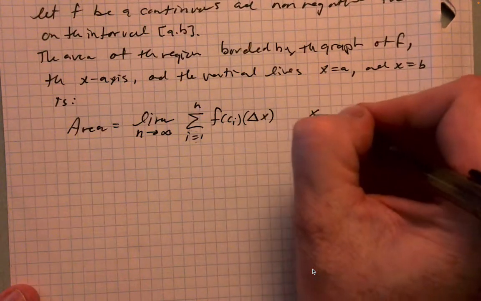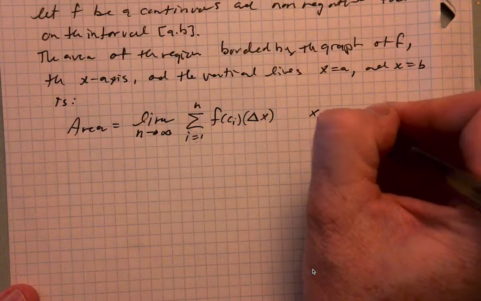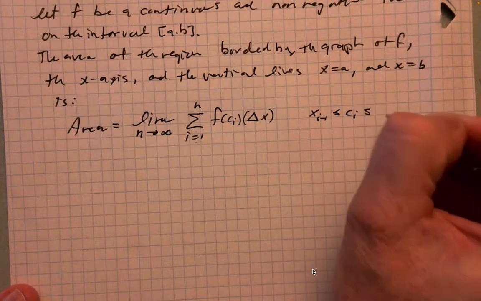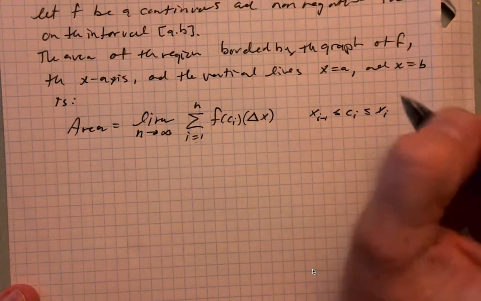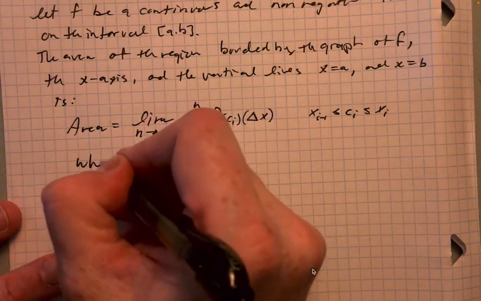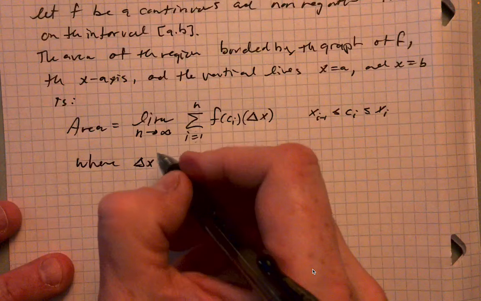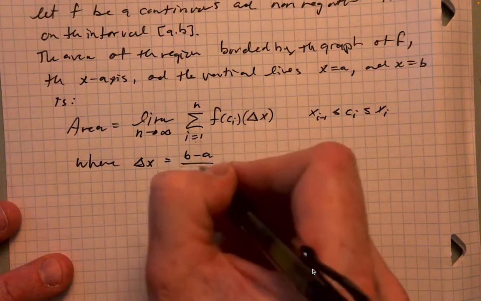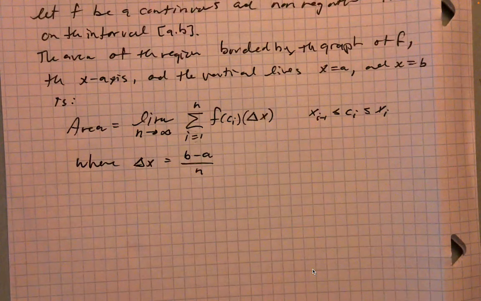Notice here x i minus 1 is less than or equal to ci, which is less than or equal to xi. It just means that ci is in the ith interval, and where delta x is equal to b minus a over n. That's just very concise wording for basically the derivations that we just did.